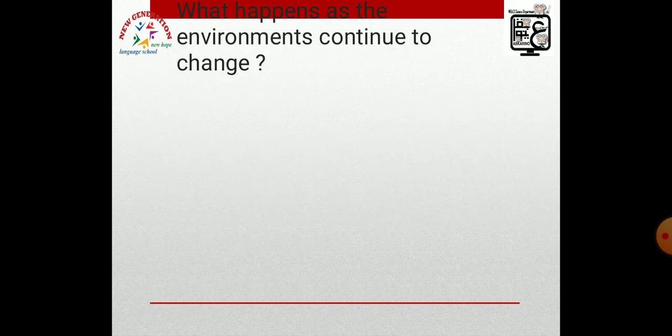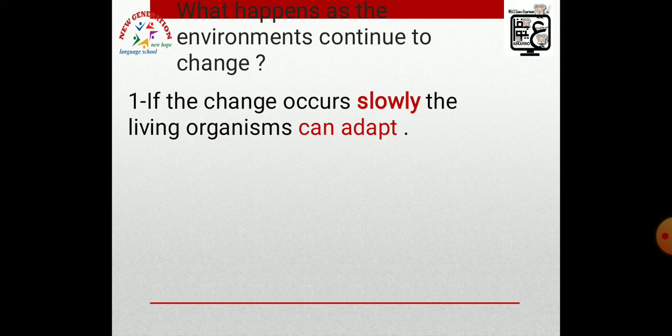So what happens as the environment continues to change? We have two types of changes. Number one, if the change occurs slowly, the living organisms can adapt.